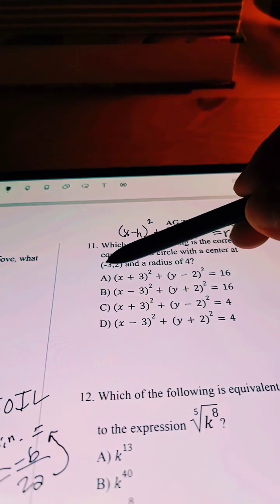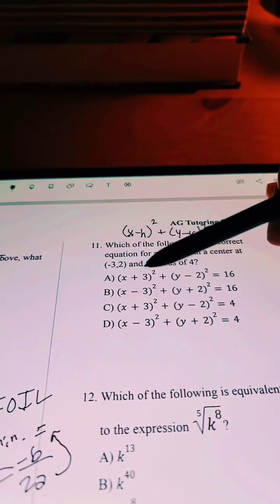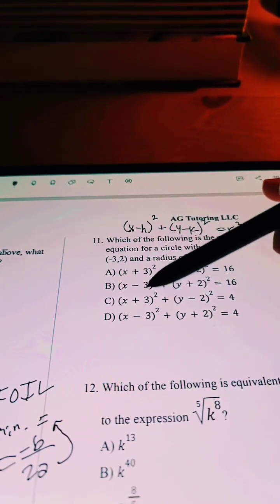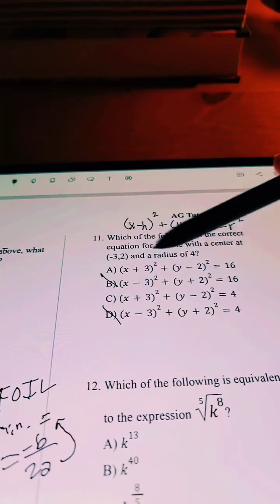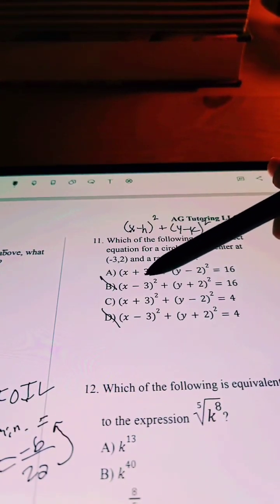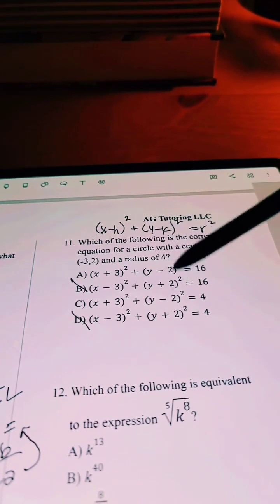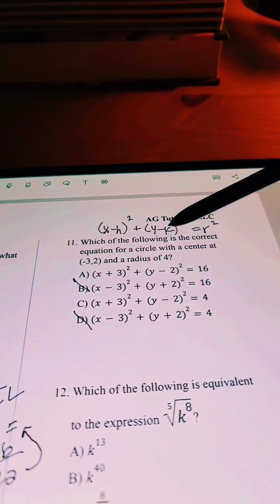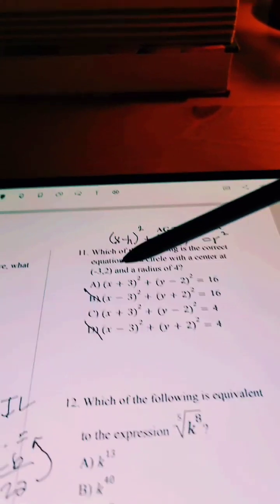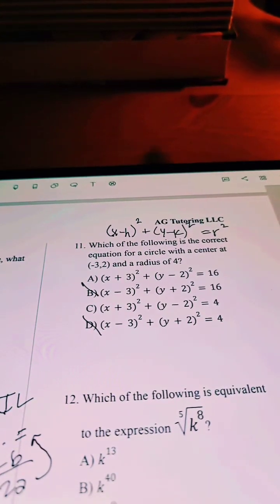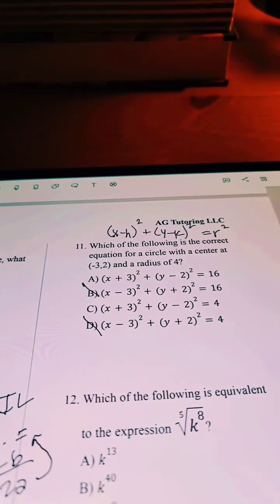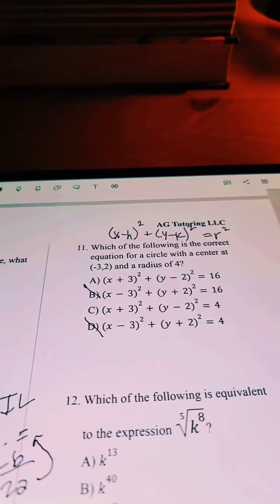So I'm looking for the opposite of -3, which is +3, to be next to an x. So I'm going to cross out these because that doesn't match as having a +3 next to my x. And then the same thing for the k value, or the value that's supposed to be next to the y, which represents the y for my center of the circle coordinates.